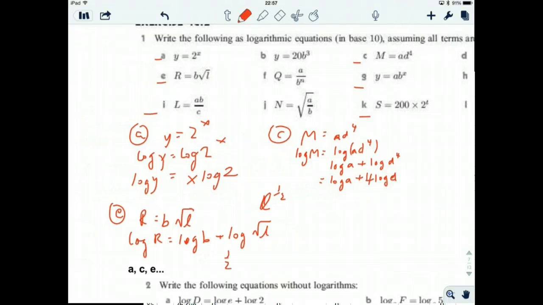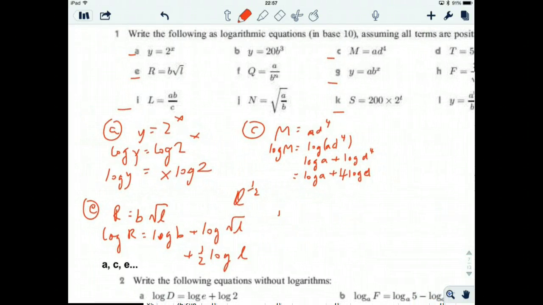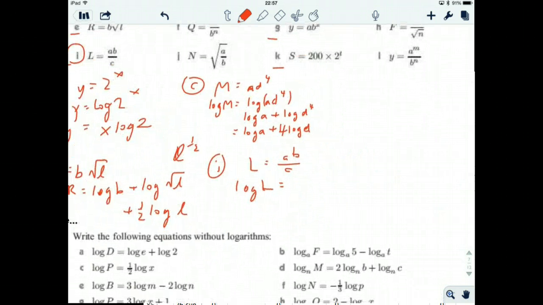So we could rewrite that as 1/2 log of L. I. L equals AB over C. The log of L is equal to, and so AB is a product, so we could do log of A plus the log of B. C is the divisor, so we could put minus log of C.